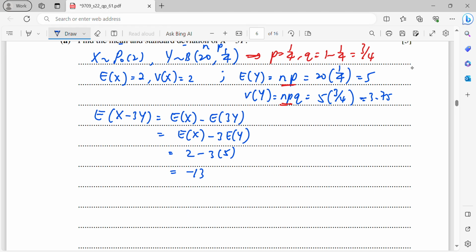So now, variance of X minus 3Y will be variance X plus 3 squared variance Y. Or you can say it is plus variance 3Y.